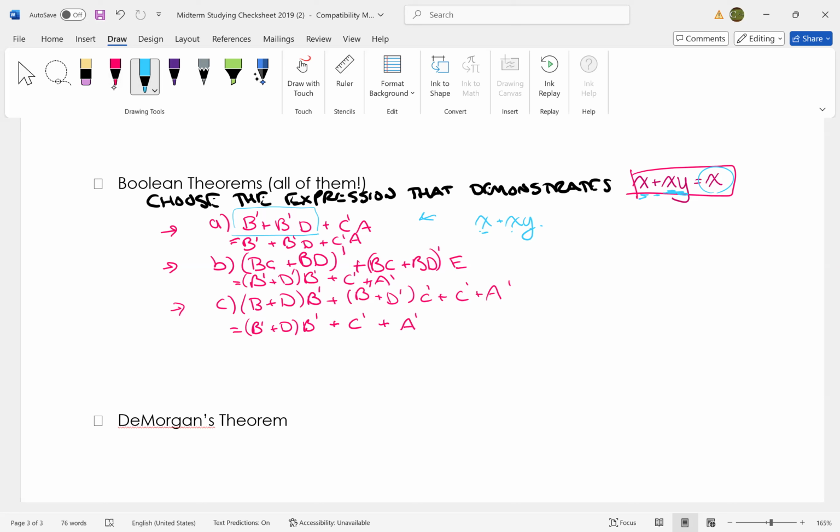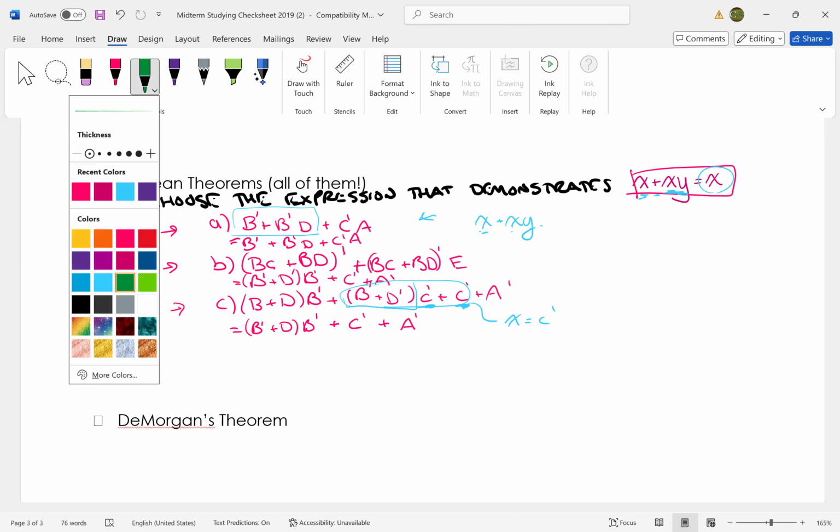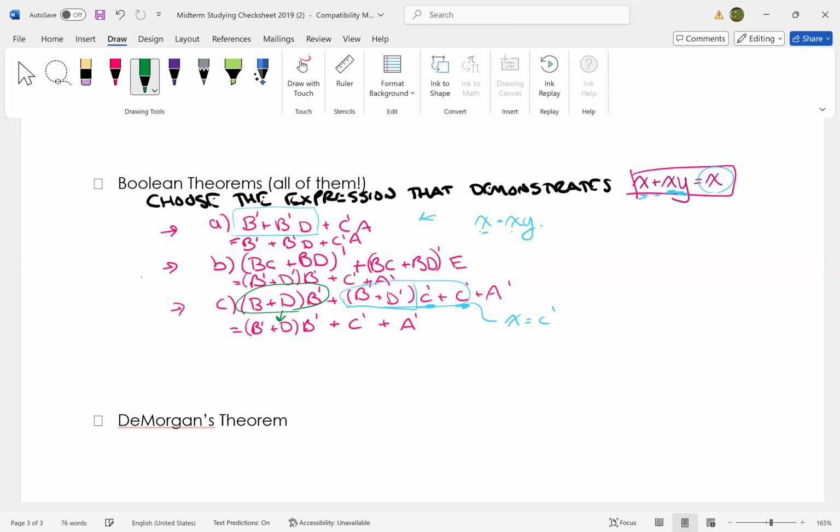And here I'm seeing C prime is an X, and here's the X, and then this is a Y. So if this was turned into X, which is C prime, then that would be our answer. So here we go. This remains the same here, this remains the same here, and this got turned into a C prime by using that expression. So the correct answer here is C.